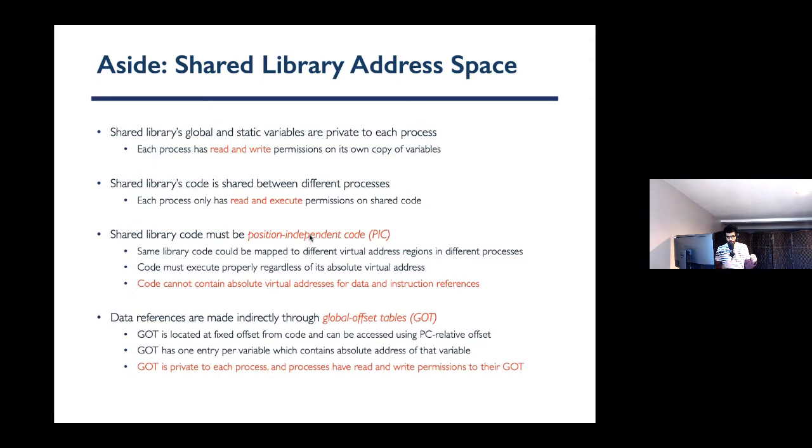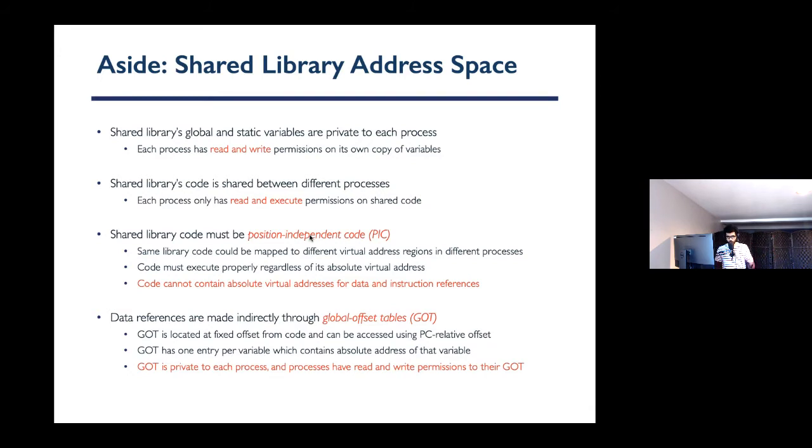You put a table at a specific address, let's say address 0 of your shared library, assuming that wherever the PC is, if you go to the beginning of it, you get that data. So you can always calculate the relative address to the beginning of the code.